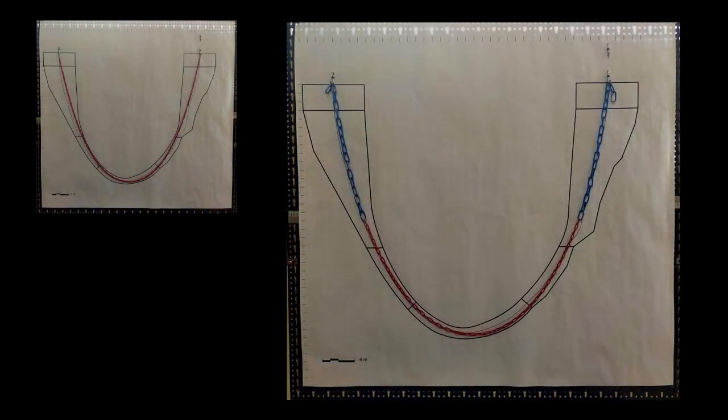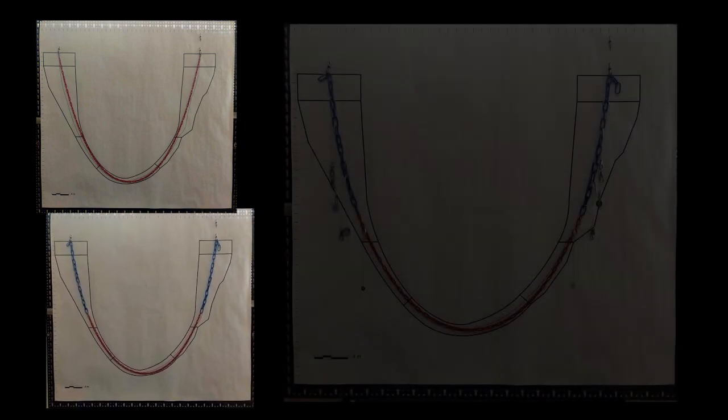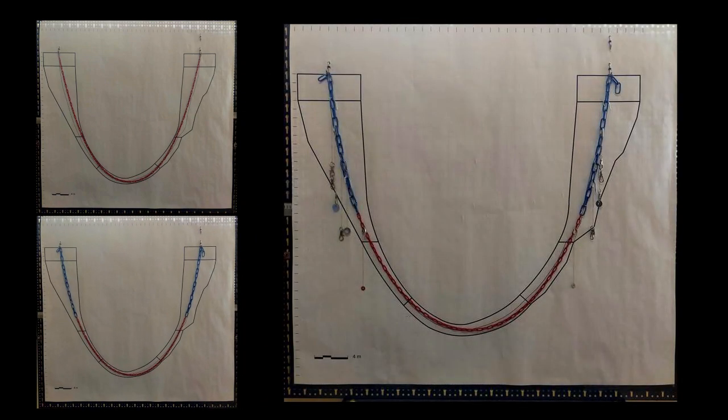If you go a step further and consider the difference between the weights of the arch and the weight of the chain, so you are really reproducing the real weight of the arch, you see that it's really close, especially the left part, although the right part is not the same.